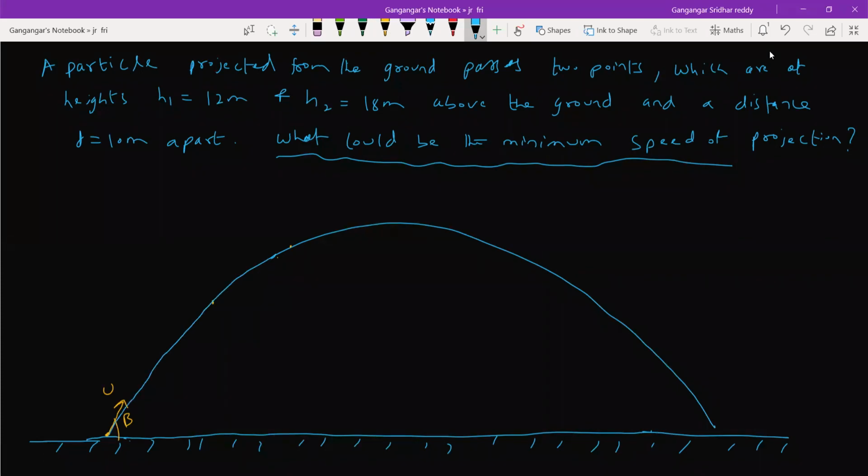Okay, this is a curve, and these are the 2 points. This is H1. This is H2. I'll draw a red line. This will be very important for you. Let me increase the separation so that it will be easy for me. If you can draw a diagram, it is a little bit easier for you to analyze. So this is H2.